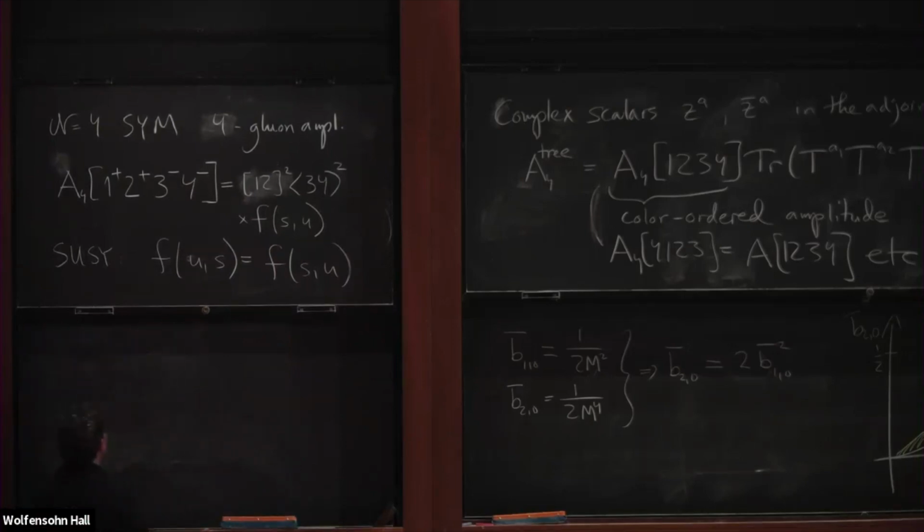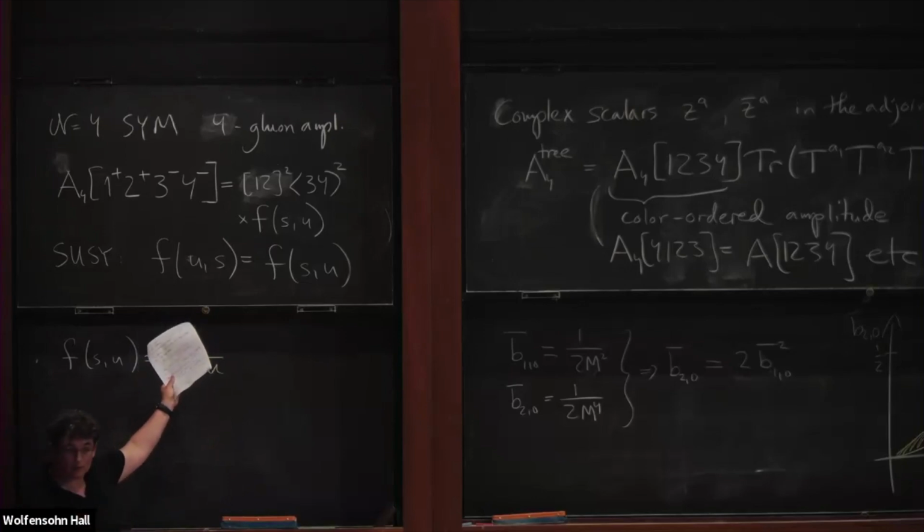Okay. Now, if f of s and u is the simplest thing you might think of, namely 1 over s times u, then what you get out from the formula I just wrote is the leading order Yang-Mills amplitude, the famous Parke-Taylor amplitude.